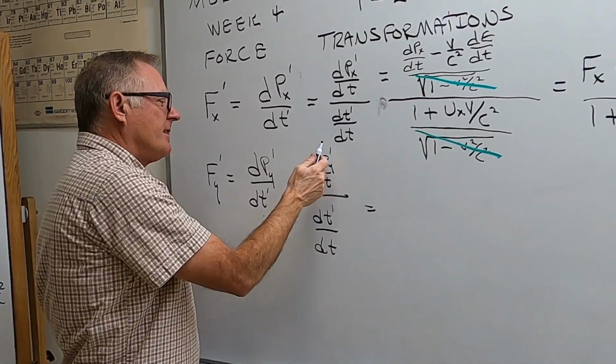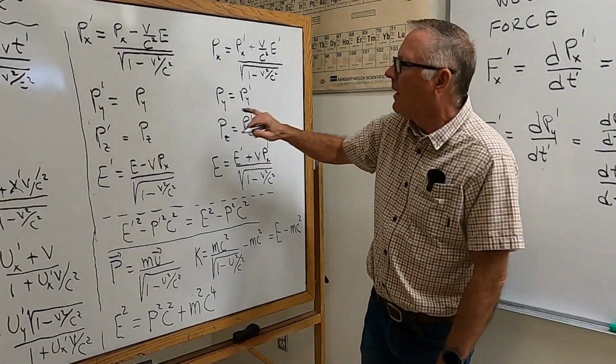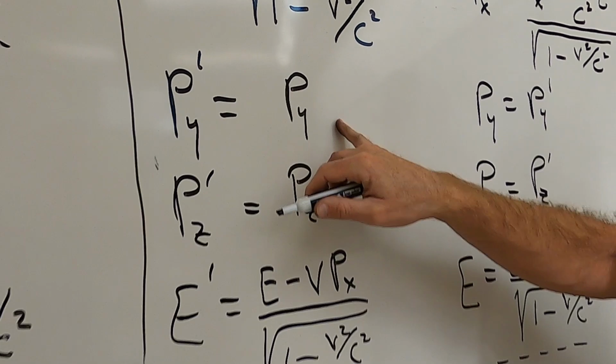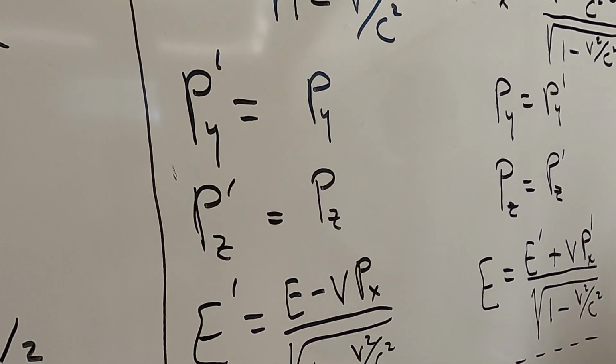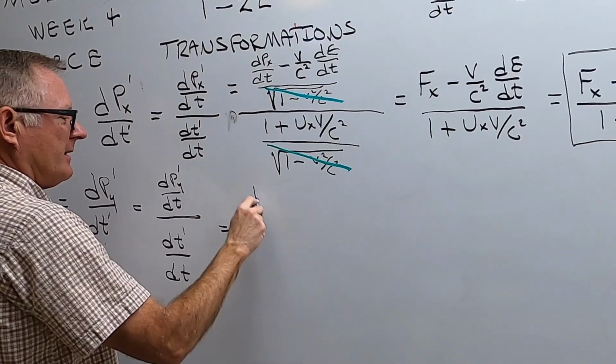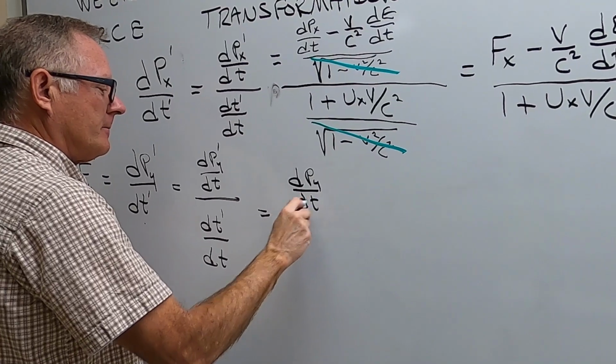Okay, so now we have to take the derivative of py with respect to time. The derivative of py prime is just py, so I can just get rid of the prime. That's just dpy dt.